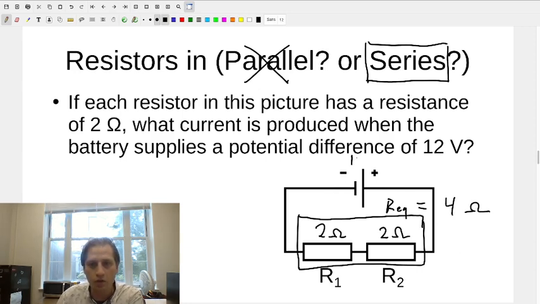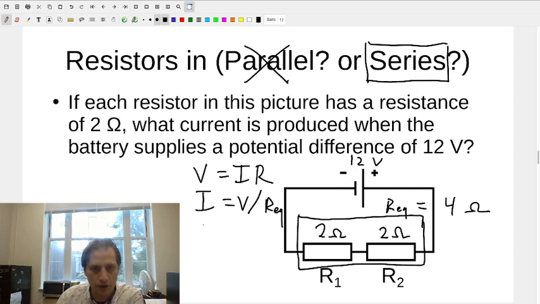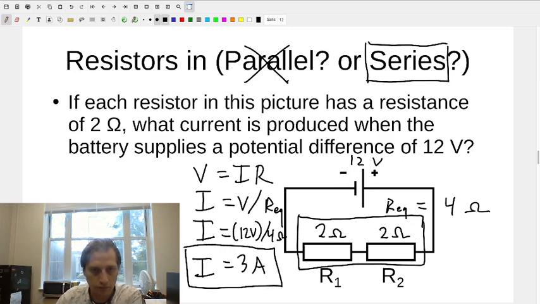V equals IR, and if we want to find our current, I equals V over R equivalent. So our current would just be 12 volts over 4 ohms. Current is 3 amps. All right, nice. Not so hard.